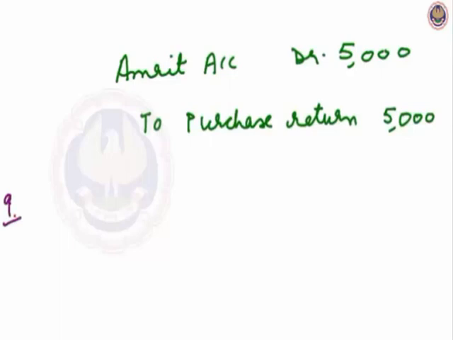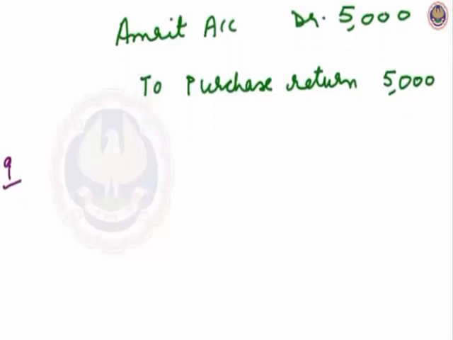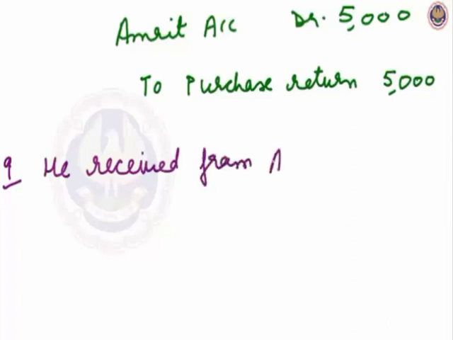Let us see the ninth transaction. He received from Arvind rupees 3960 in full settlement. So he received the amount from Amrit. How much amount?